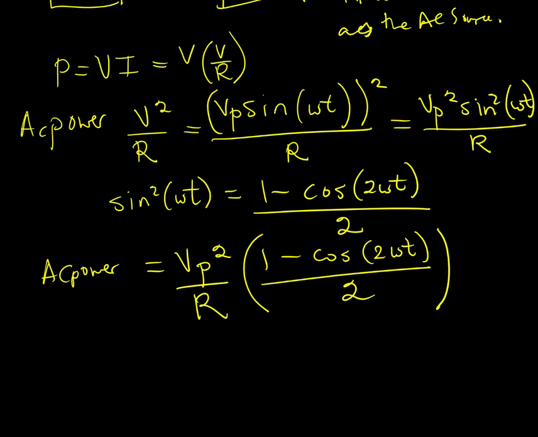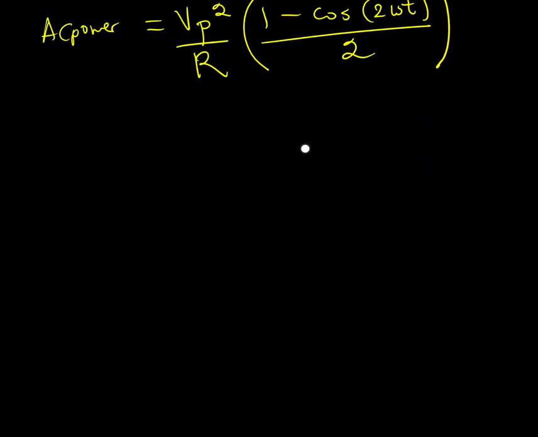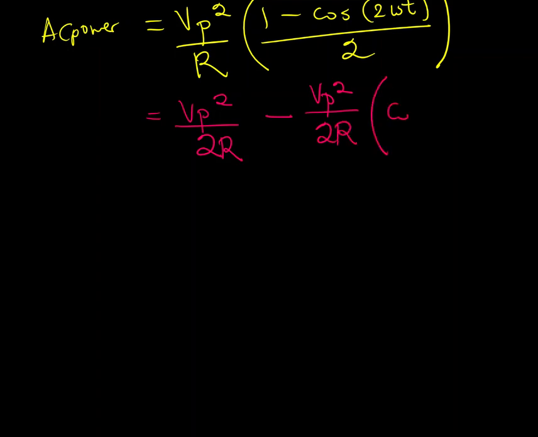So I'm going to bring the 2 out and multiply this through. I'm going to end up with V peak squared over 2R minus V peak squared over 2R times cos 2 omega t.